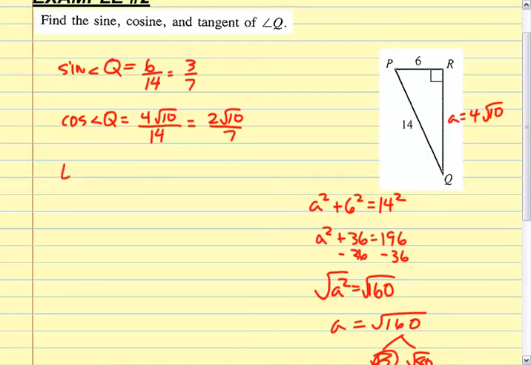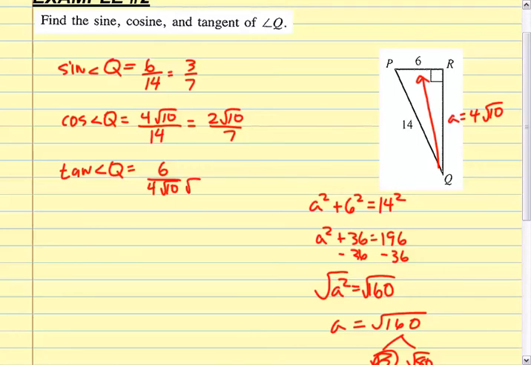And then the tangent of angle Q is equal to the opposite, which is going to be 6, opposite of Q, over the adjacent, which is 4 root 10. But you know we've got to simplify that. We can't leave it like that.